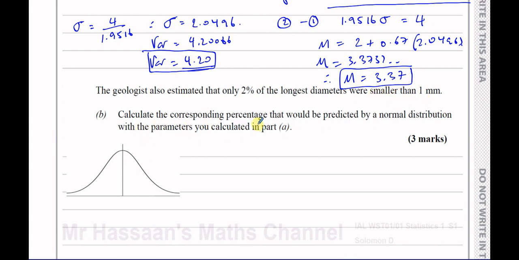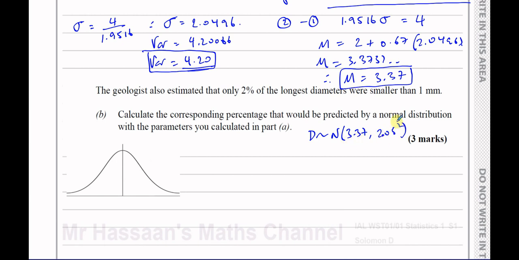Calculate the corresponding percentage that would be predicted by a normal distribution with the parameters that you calculated in part A. So basically they're saying use the fact that the diameters are normally distributed with a mean of 3.37 and a standard deviation of 2.05. I'll just call it 2.05 squared, that's going to be the variance, sorry. So 2.05 squared.